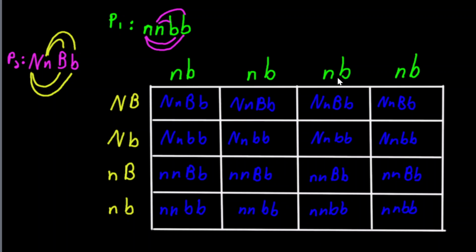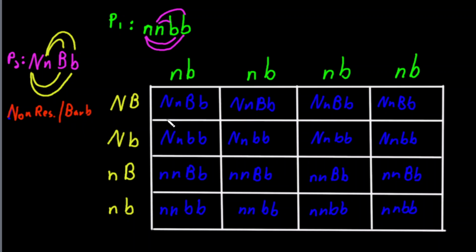So we've got our gametes on the side, we've got potential offspring in the middle, and it says, what are the phenotypic ratios of the offspring? Phenotypic means that we're going to talk about the dominant and recessive traits. So non-resistant, let's switch to a different color, non-resistant and capital B, barbed.